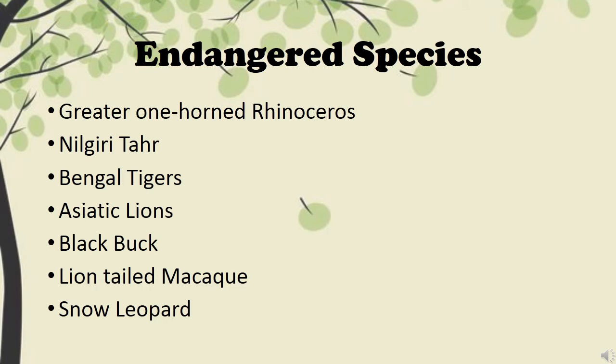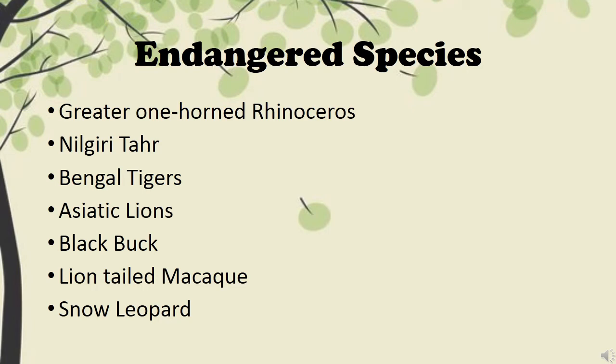In addition to this, many species of animals are slowly becoming endangered and are reducing in number or becoming extinct. Let us talk about some of the endangered species of India. Some of them are greater one-horned rhinoceros, Nilgiri tahr, Bengal tigers, Asiatic lions, black buck, lion-tailed macaque, and snow leopard.